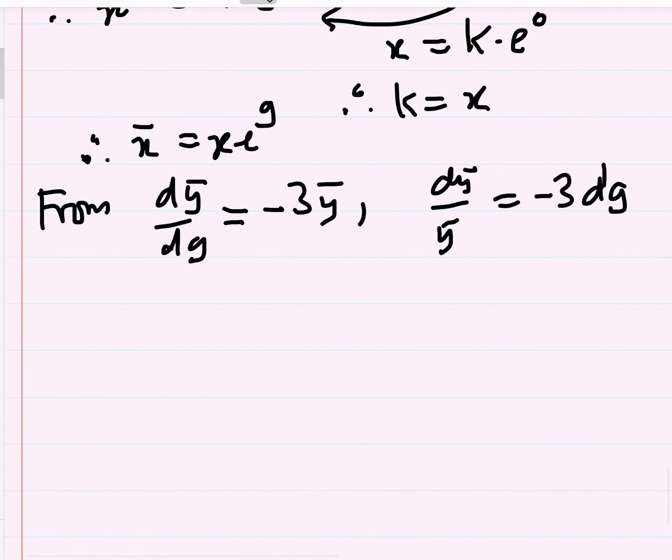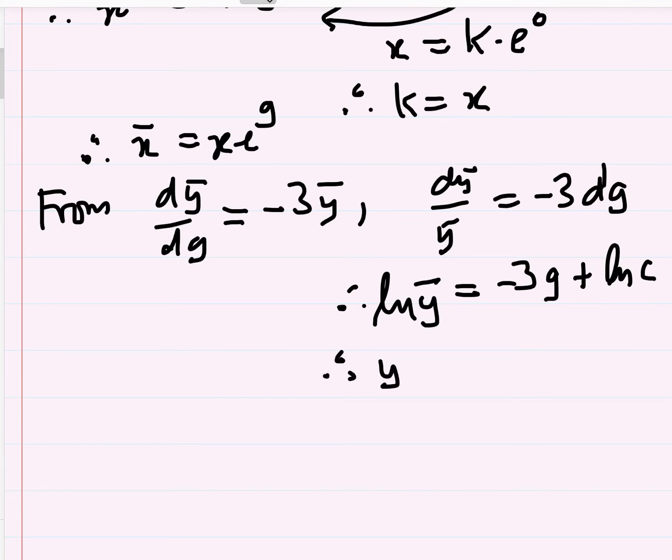Integrate both sides, we get therefore the ln of y bar equals, if you integrate this, minus 3g plus, let's call this constant ln of c. And therefore, by exponentiation, y bar equals c e to the minus 3g.